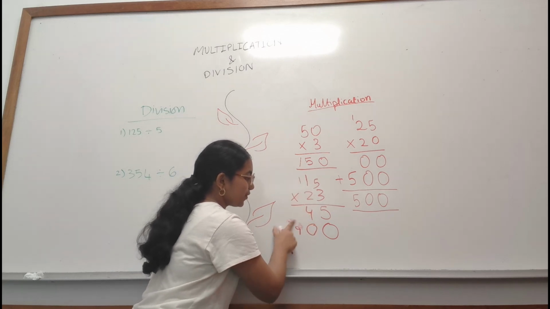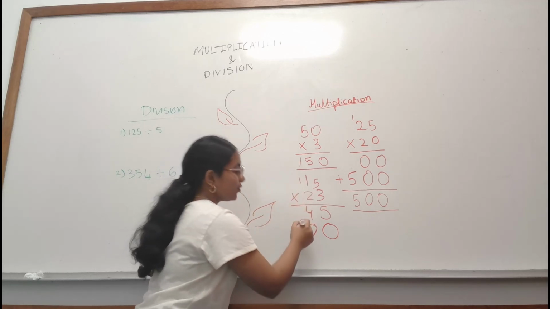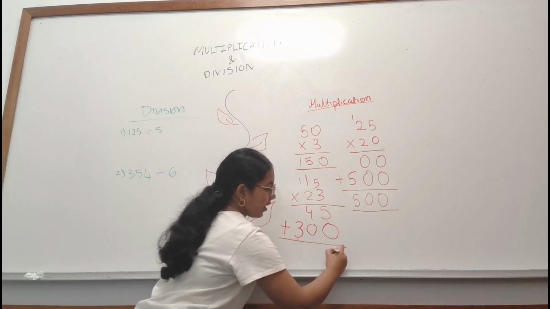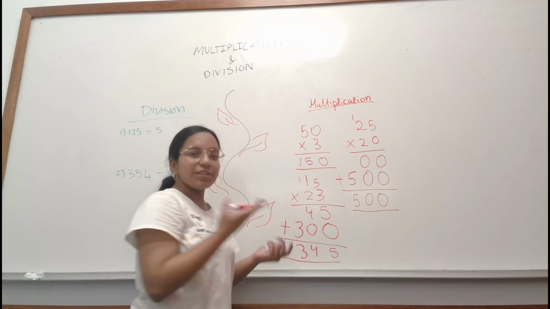Oh, which is 2, sorry. 2 times 1 is 2, plus a 1, 3. Now we add them. 5, 4, 3. So your answer is 345.